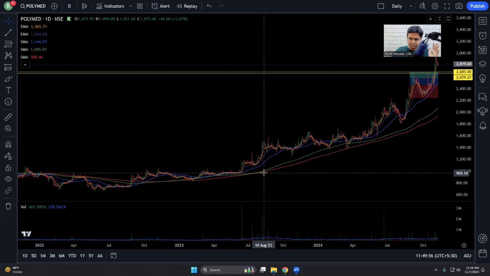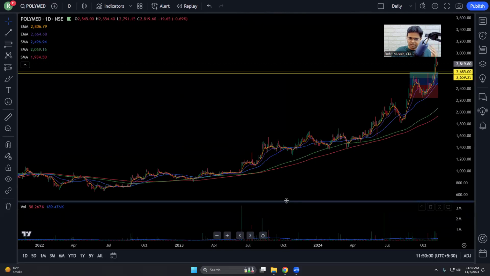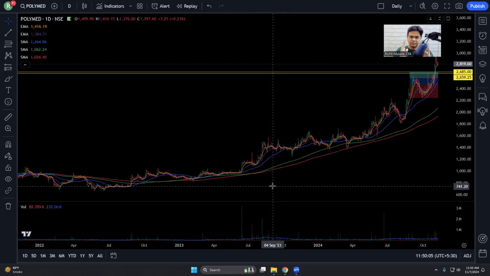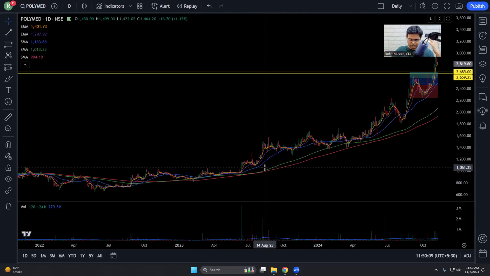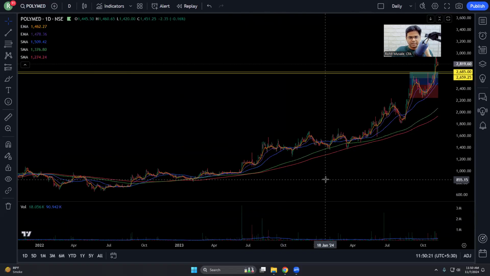There comes a time, see, you see this high volume spike. That's the signal that probably the stock is going into stage two. So there is a transition from stage one to stage two. So the price starts to trade above the long term moving averages. The green line goes above the red line, and both are sloping up. Okay, so that represents a transition.